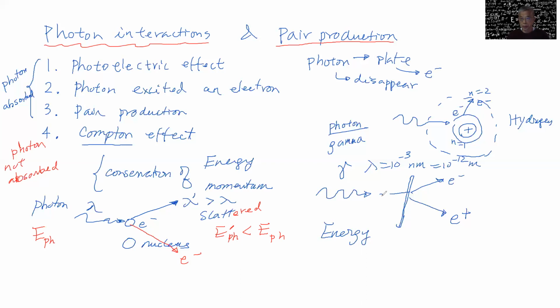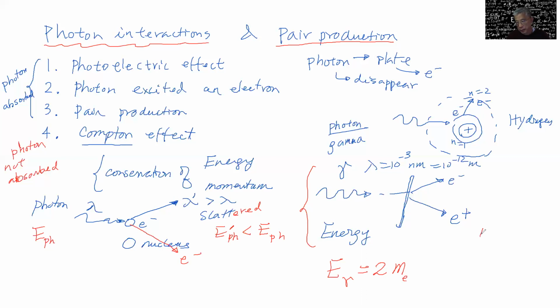And pair production in particular is this one here that we described. And the formula that it will follow is such that the energy of this photon, the gamma, will be enough to create 2 masses. So in order to create 2 masses is 2m, and this m is the electron's mass.